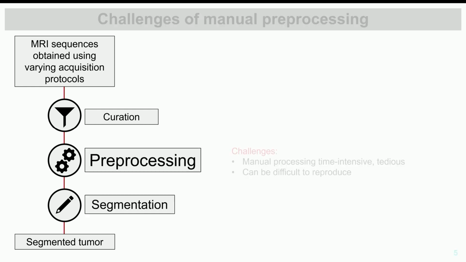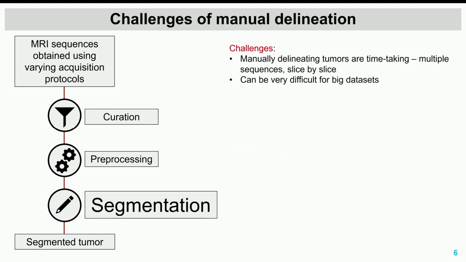For the tumor segmentation, manually delineating tumors is very time-consuming because when an expert annotator annotates the tumor, they often have to look at multiple different sequences to capture the complementary information that these sequences provide about the tumor. And they have to go slice by slice and annotate each slice. This can be very time-consuming for big data sets.